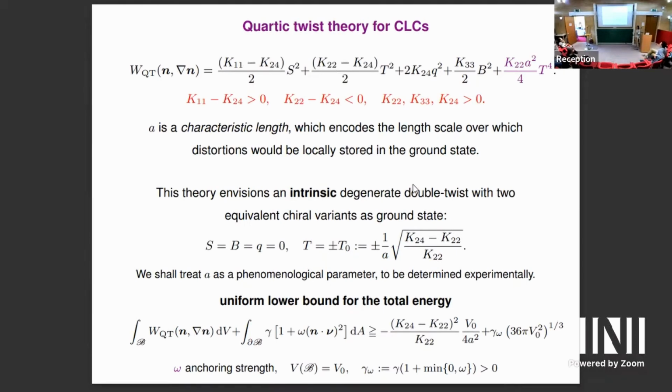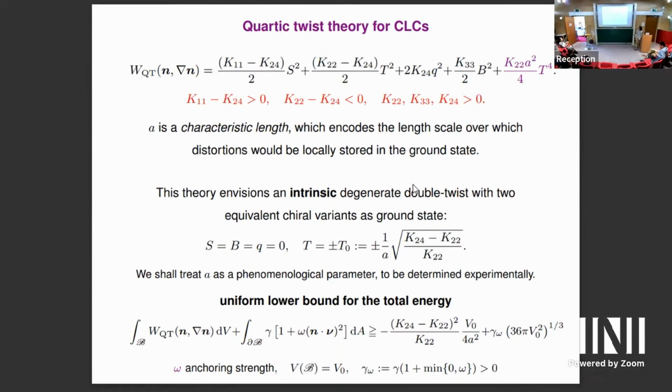At the lower end, we can place the persistence length of the molecular order, which characterizes the flexibility of the aggregates, and so it can be similar to the height of a column, and so 10 to 100 nanometers. But the upper end is hard to make definite, so we shall treat A as a phenomenological parameter to be determined experimentally.